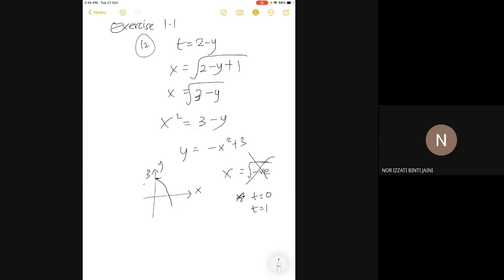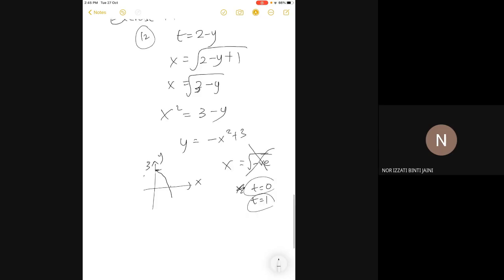Mana soalan? Okay, and then carilah orientation ni. This one we try.